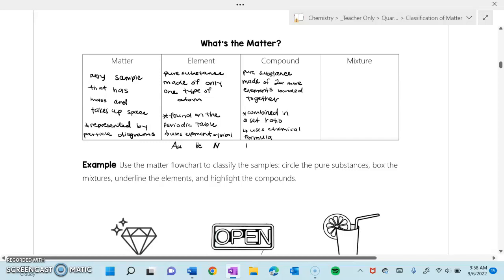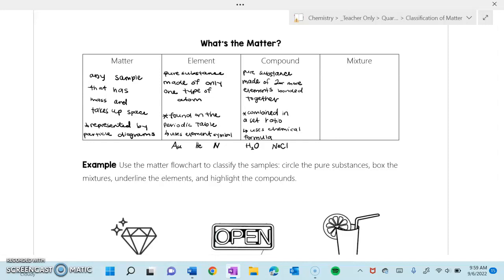Water is made of 2 hydrogens and an oxygen, so its chemical formula is H2O. Salt is sodium chloride, made of 1 sodium element and 1 chlorine element, NaCl. So there are 2 examples of compounds writing out their chemical formulas.